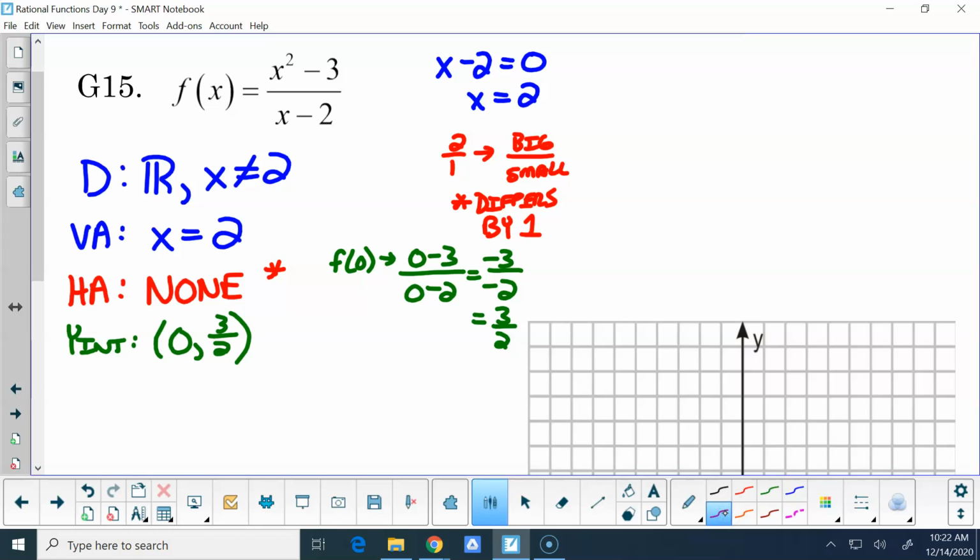Step number 4, somebody other than Natasha. Set the numerator to 0 and solve for x. What does that give us? The x-intercepts. Yep. So I set the numerator equal to 0, and I solve that.